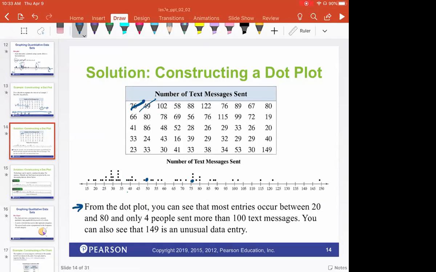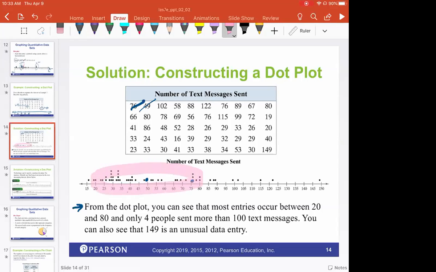The whole point of this chapter is being able to have data and try to come up with some conclusion, some type of summary. Just like our conclusion says, most entries occur between 20 and 80. So this means most people send about 20 to 80 text messages.